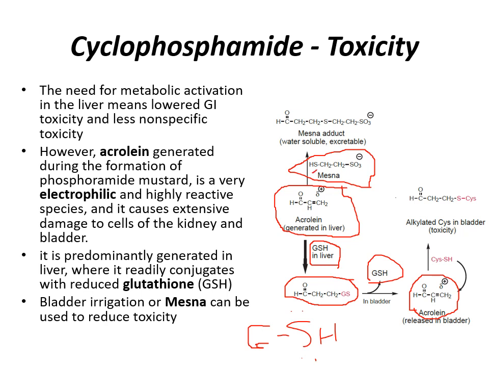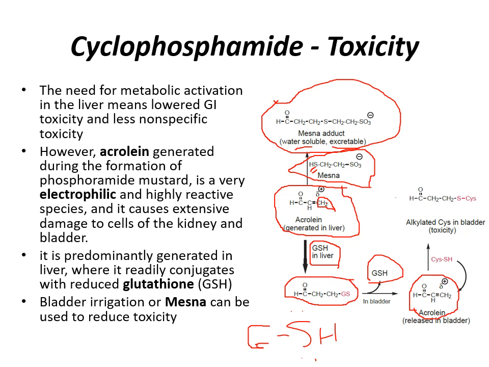MESNA, as you can see, has a thiol like glutathione, so it is actually a compound with a free thiol similar to glutathione, with a smaller structure, and that thiol will react with this beta carbon of the acrolein, doing a nucleophilic addition to generate a MESNA adduct between the MESNA and the acrolein, which is a water-soluble compound that can be easily excreted from the kidney. So the main way, if you want to reduce toxicity of cyclophosphamide, is usually to do a bladder irrigation with MESNA to prevent the acrolein toxicity generated from activation of cyclophosphamide.